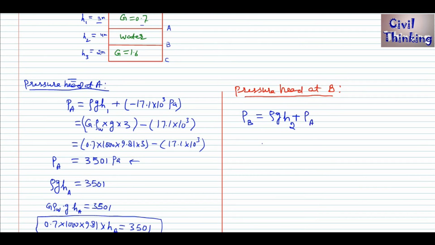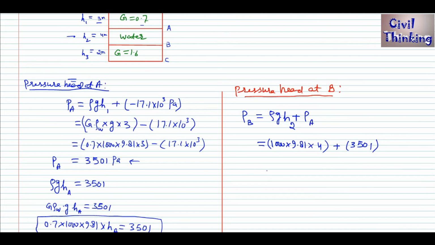So the pressure at B is equal to rho, it is water here, whose density is 1000 kg per meter cube, multiplied by 9.81 multiplied by H2. H2 is 4, plus the pressure at A, 3501.